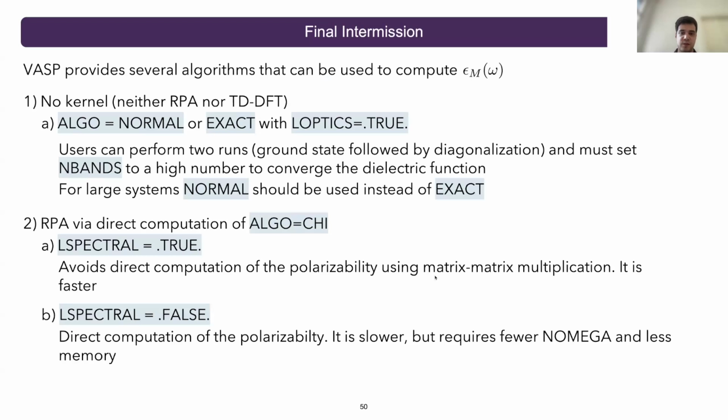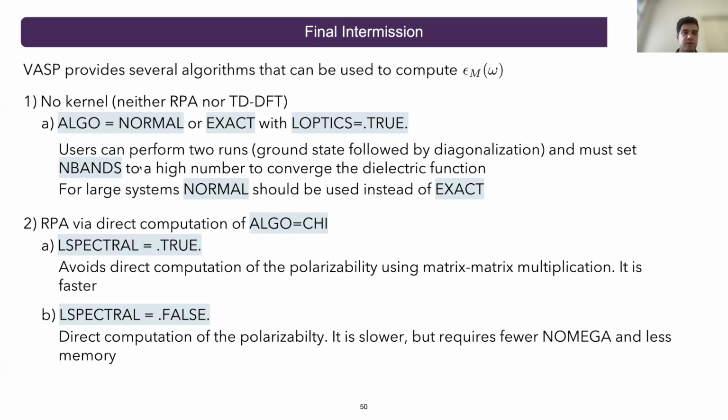Now, I'm almost at the end of my talk. I would like to summarize the different algorithms that we have to compute the macroscopic dielectric function. So in case you have no kernel, you can set ALGO equal to normal, or exact with LOPTICS equals true. There are other algorithms for the ground state. I selected these two for this presentation, but on our webpage you can find others.